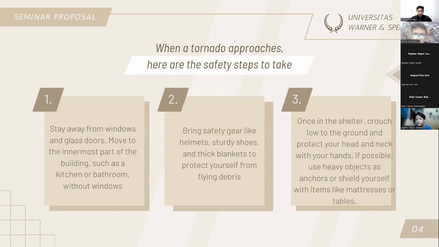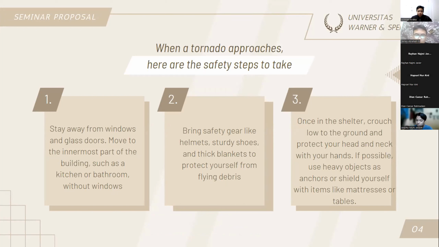So this is when a tornado approaches. Here are the safety steps to take. Firstly, stay away from windows and glass doors. Move to the innermost part of the building, such as a kitchen or bedroom without windows.